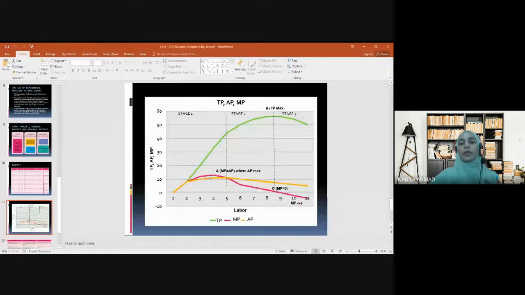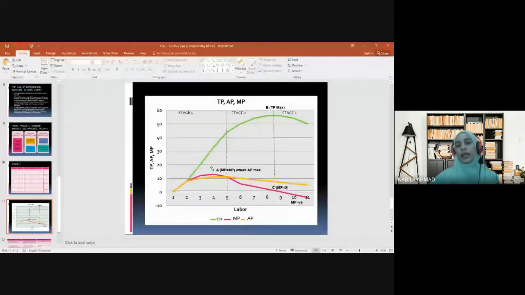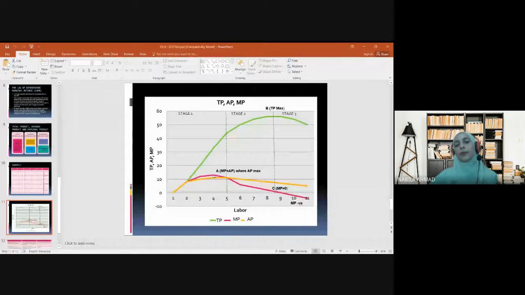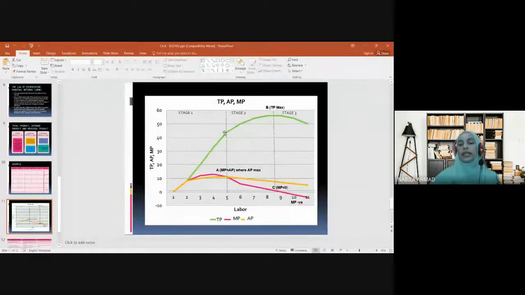So selepas marginal product reach maximum, when producer hire more labor, barulah total product akan increase at decreasing rate. Total product akan bertambah secara perlahan-lahan. And then selepas itu, marginal product will decline. Right? So that is stage number 1.